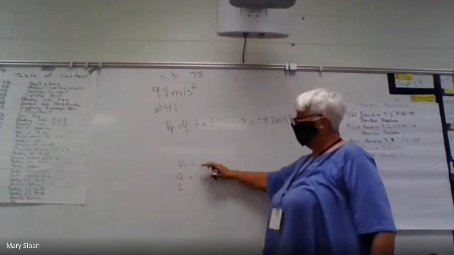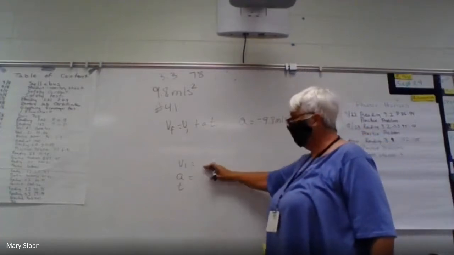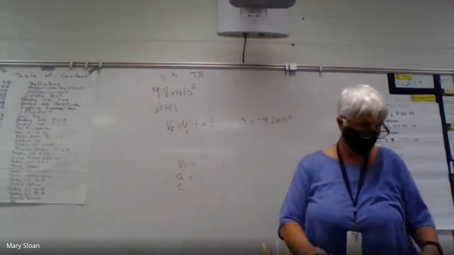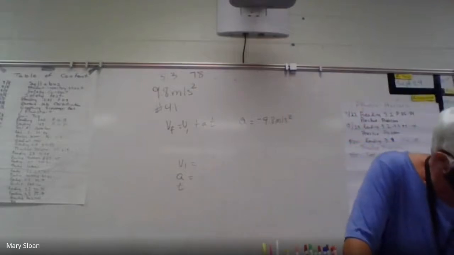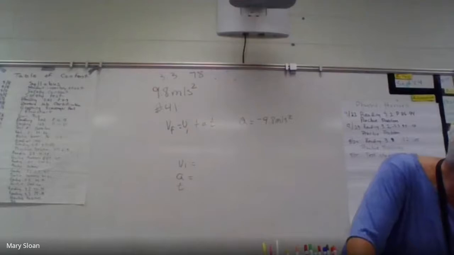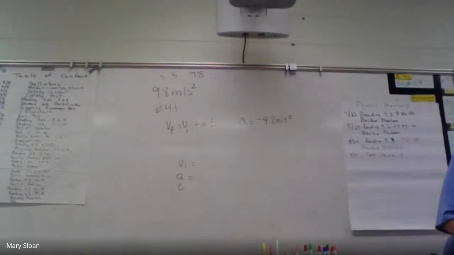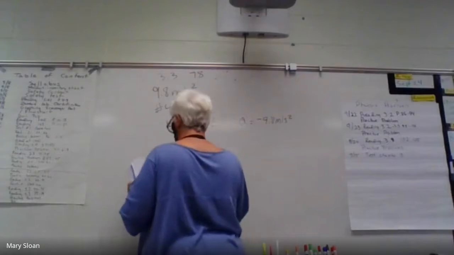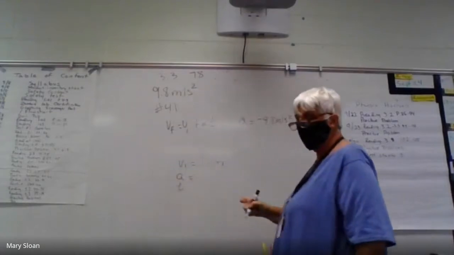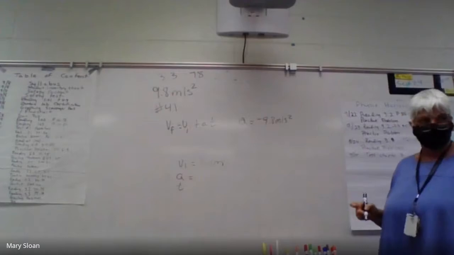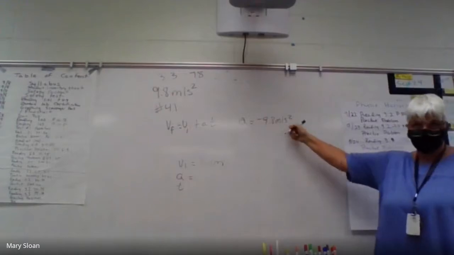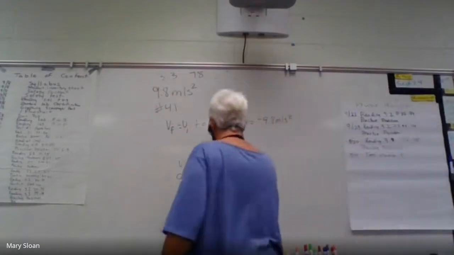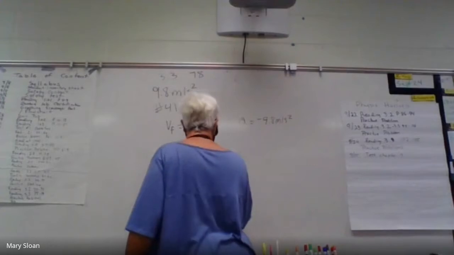So, for number 41, what is my velocity initial? It is 0. What is my acceleration again? Negative 9.8 meters per second squared.